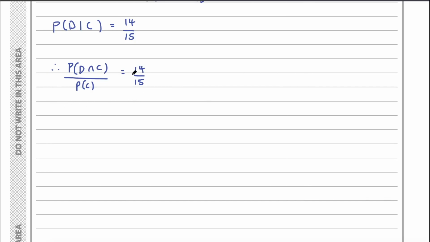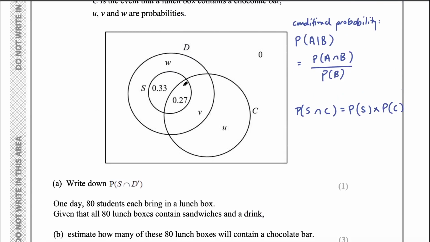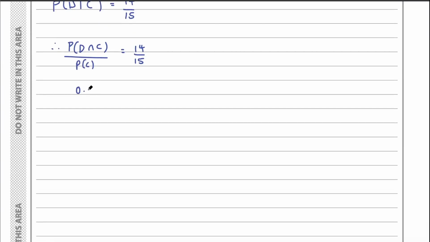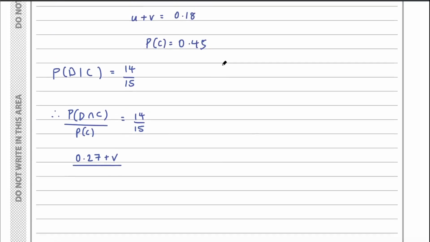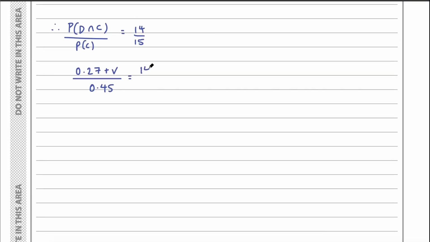Now, the probability of D intersects C, we have an expression for that. D intersects C is this area in here, which is 0.27 plus V, this one. So we'll have on the top line of that fraction 0.27 plus V. On the bottom line, we'll have the probability of C, which we worked out to be 0.45. And this equals 14 over 15. So here you can see we've got an equation we can solve for V.